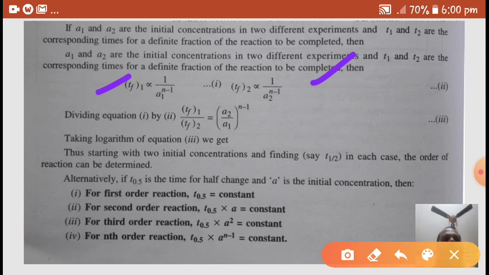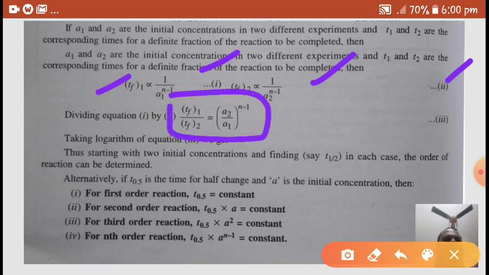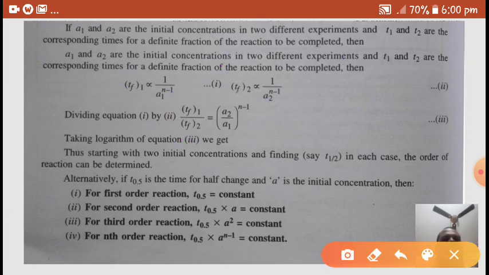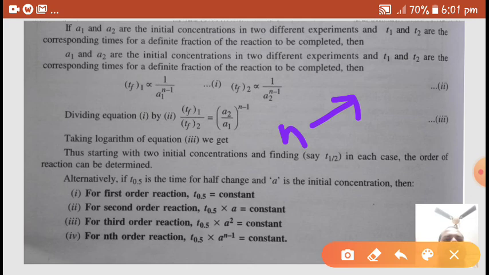So dividing equation 1 by equation 2, we get this equation. From this equation we can calculate the order of the reaction by taking logarithm on both sides. So here n is the order of the reaction. Thus, starting with two initial concentrations and finding t in each case, the order of reaction can be calculated.